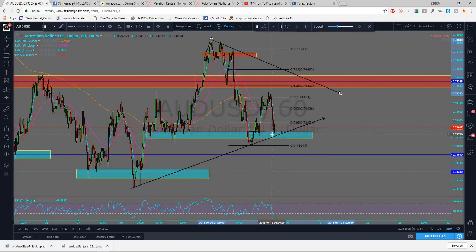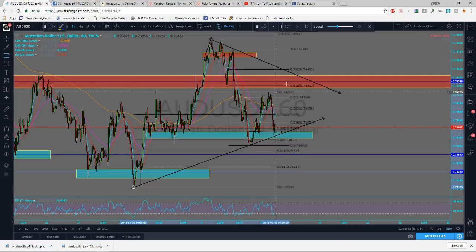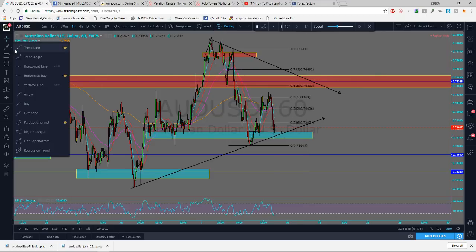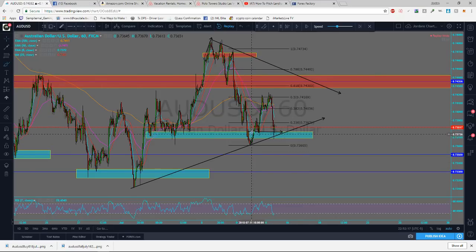It's wicking off this 61.8 zone that a lot of people have drawn from here to here. Maybe you missed your entry off this area. Well, now you just had your second chance to get in, if you believe the bullish scenario is valid.